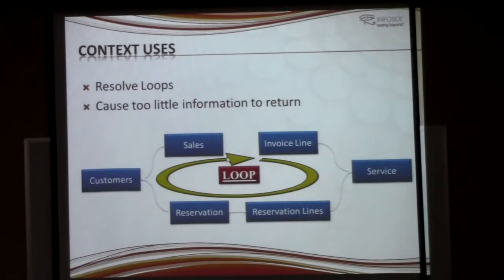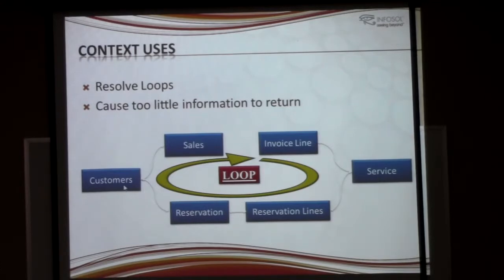Okay, context uses. The first one is to resolve loops in a universe. These represent basically tables: you have your customer table, sales, reservations, reservation lines, invoice lines, and service.